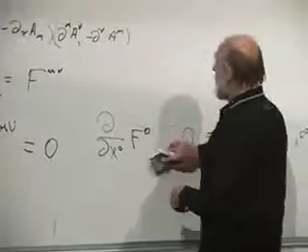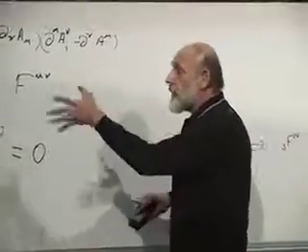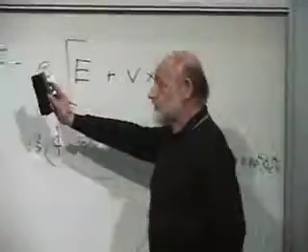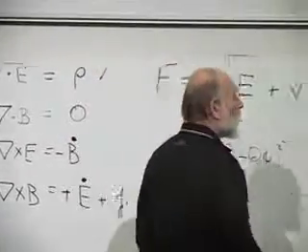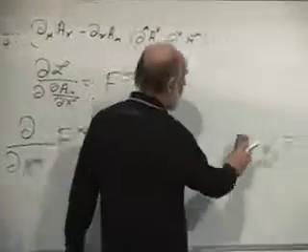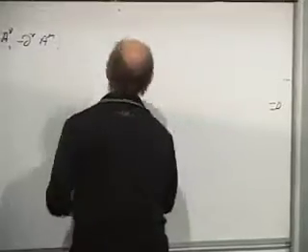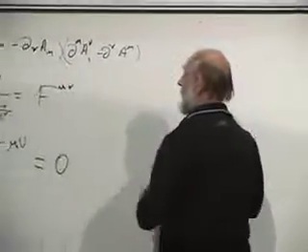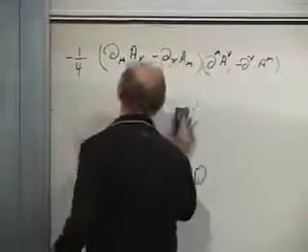And all of electromagnetism without charges, without any charges in it, all of it follows from this very simple minus a quarter. Well, here it is. Minus a quarter F mu nu, F mu nu.